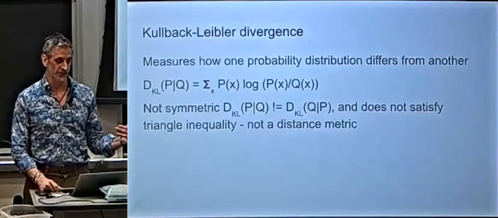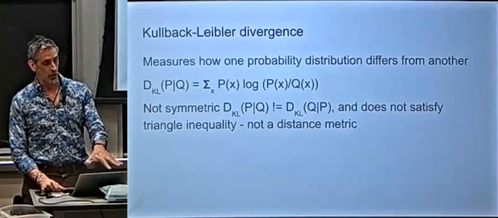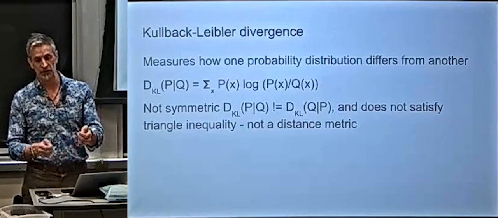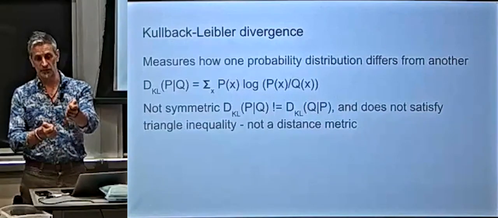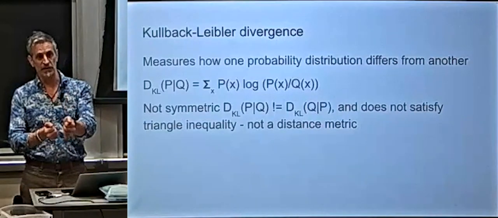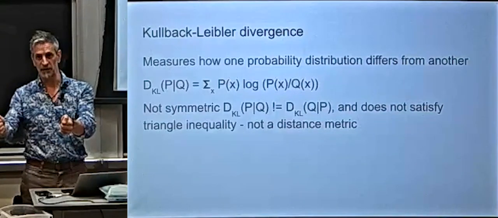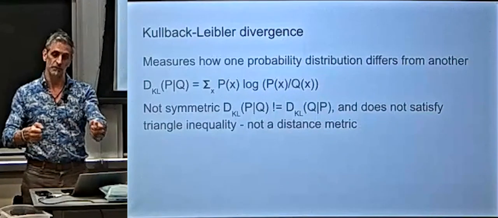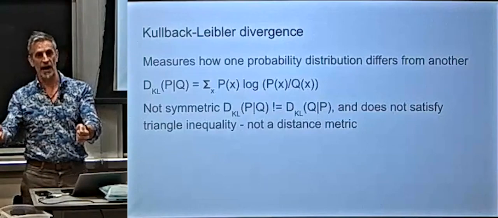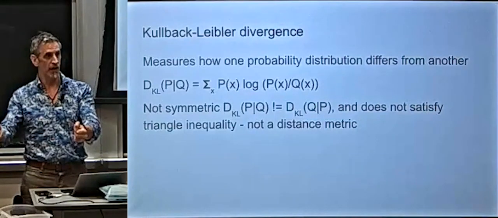Well, how far are they from their equilibrium? We could use the Kullback-Leibler divergence. We could say, what's the probability of seeing it in the ADP state? What's the probability of seeing it in the ATP state? And we compare what we expect at equilibrium to what we actually see in the cell, okay?